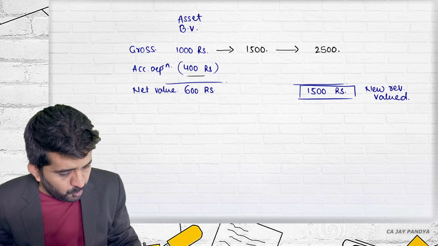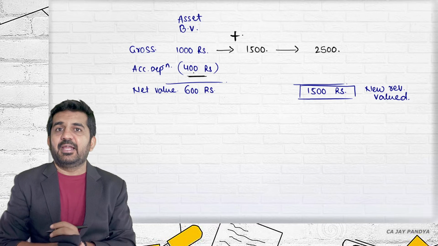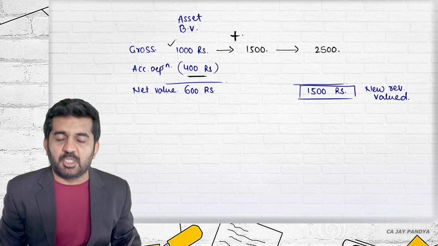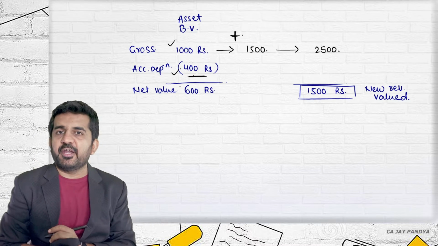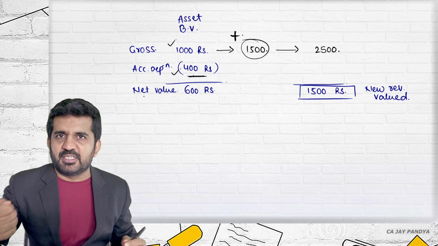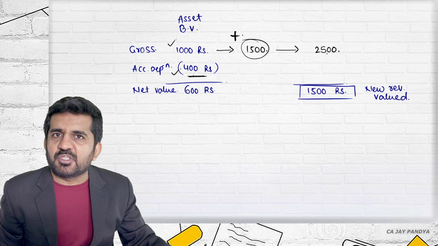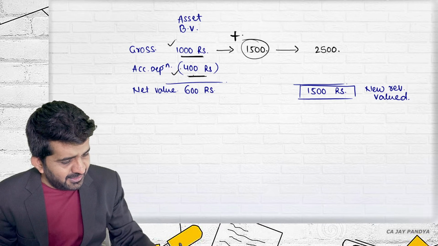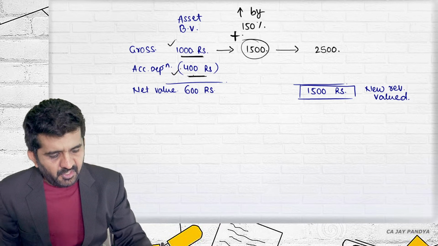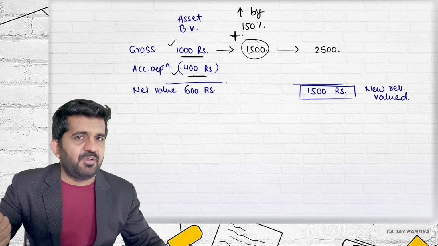I will have to provide for this addition of the asset. What is the accumulated depreciation if the gross amount was 1000? It is 400. How much value has increased? 1500. The total is becoming 2500. This has increased by 150%. If 1000 rupees is 100%, then 1500 rupees is an increase of 150%.